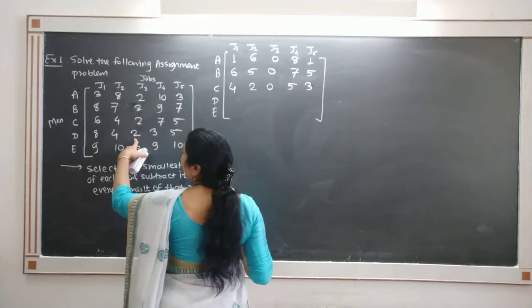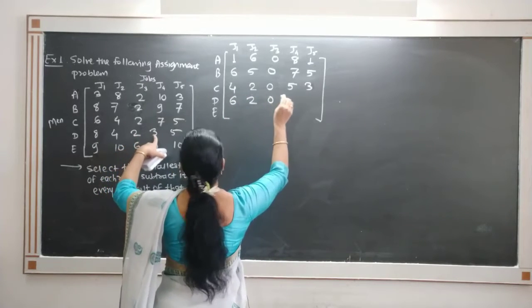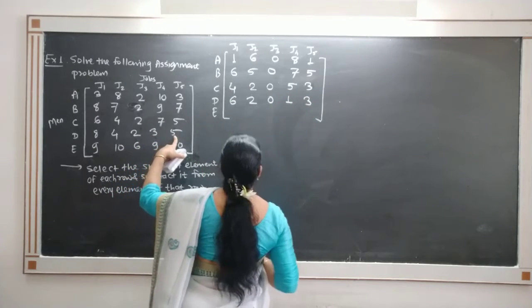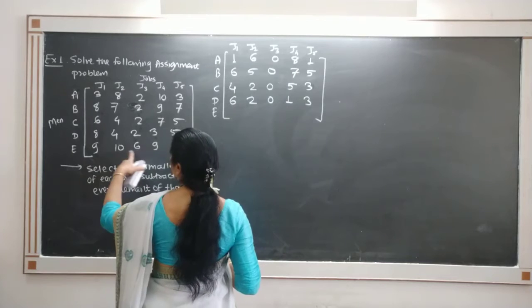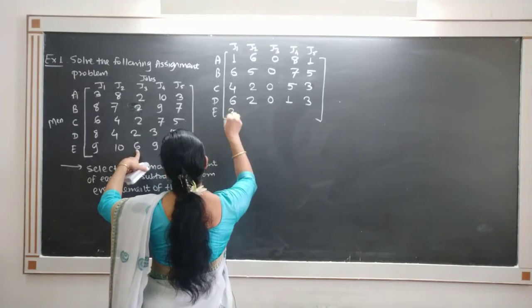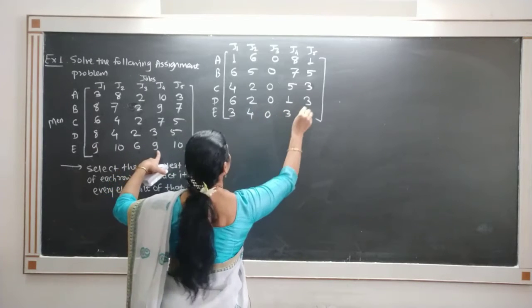Subtract minimum again 2, so subtracting we get 6, 2, 0, 1, 3. And in the last row minimum is 6, so subtract 6 from every element, remains 3, 4, 0, 3, 4.